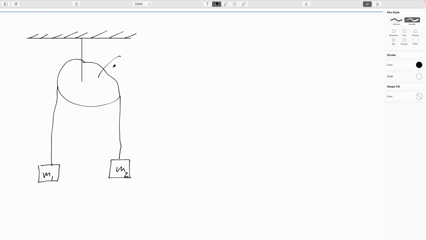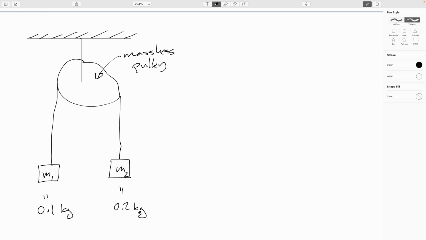So we'll start off here first by making the pulley massless. And let's go ahead and say that mass 1 is 0.1 kilograms and mass 2 is 0.2 kilograms.